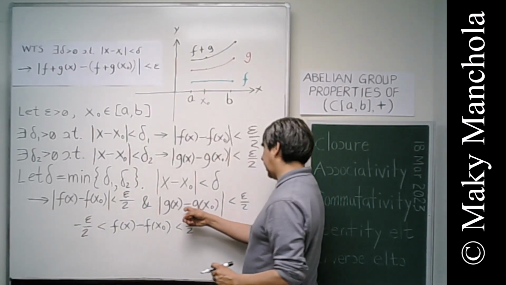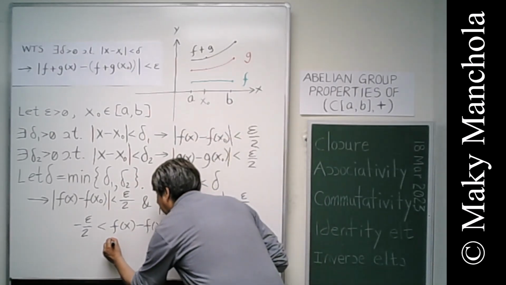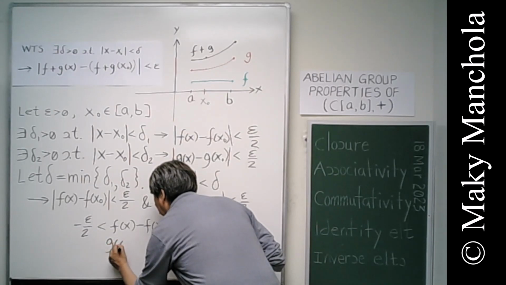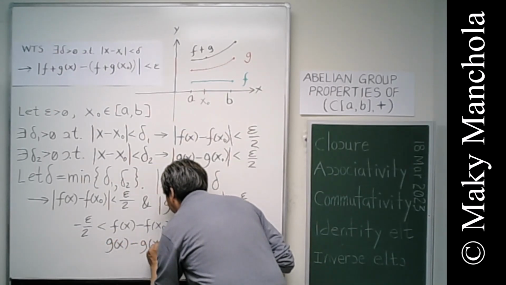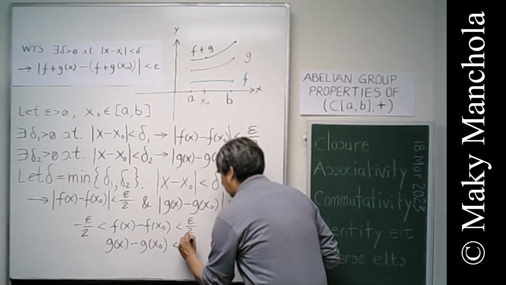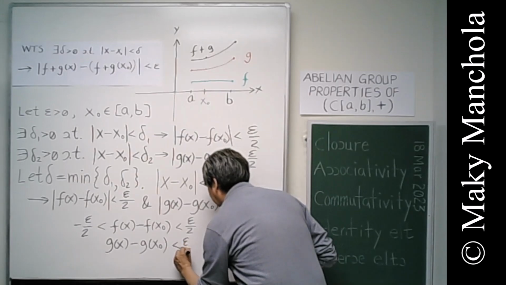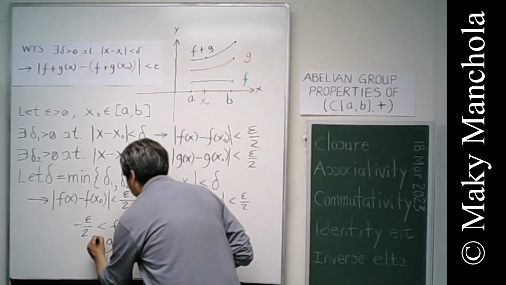We also get that g of x minus g of x0 is less than epsilon over 2 and greater than negative epsilon over 2.